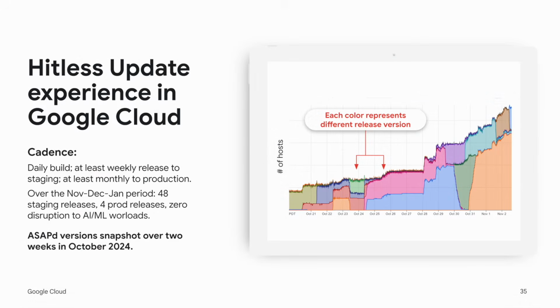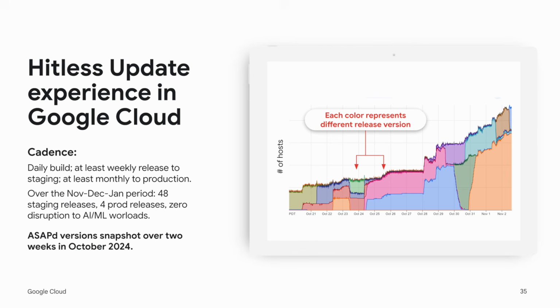Okay, Weilong has talked about how we designed and then implemented the hitless update capability. And then let me show you how it actually serves our workload seamlessly very well. So here in this graph, I'm showing you a time series. The x-axis is time over about 2 weeks last November. And then the y-axis is the number of machines hosting our different releases of networking or network virtualization stack.